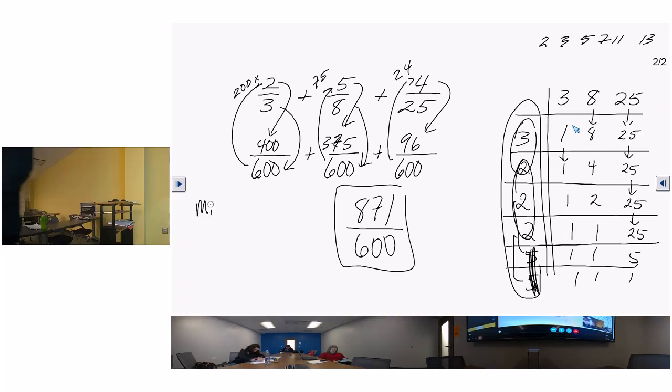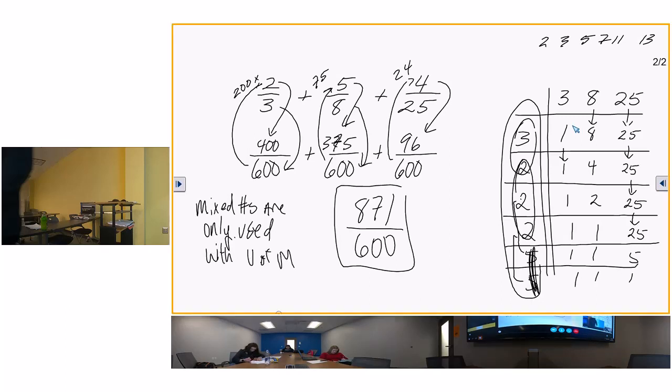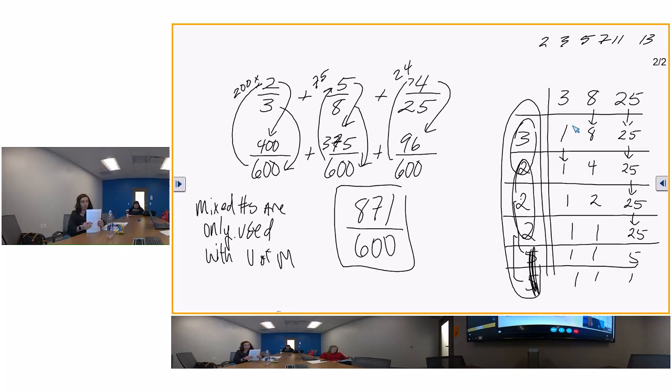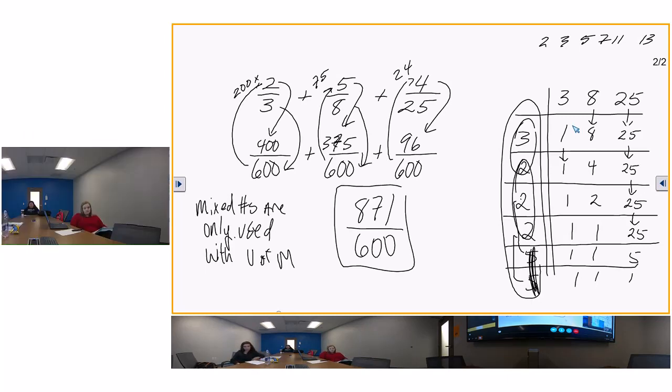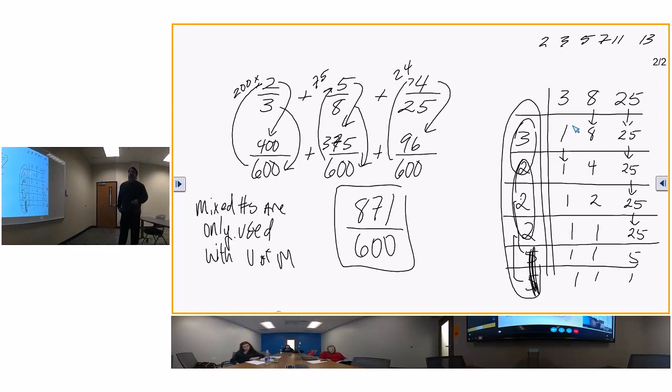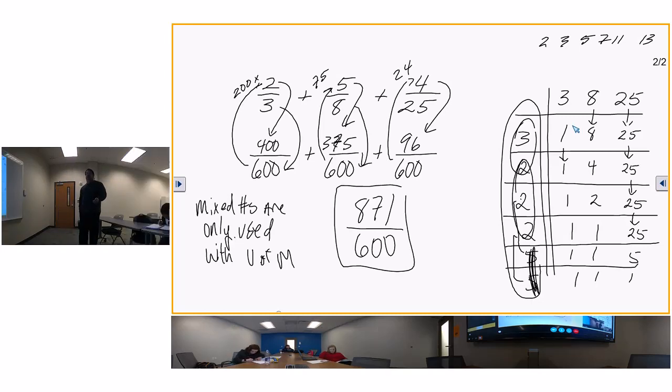Mixed numbers are only used with units of measure. Two and a half cups, 2.5 gallons, 2.5 pounds, 2.5 miles.